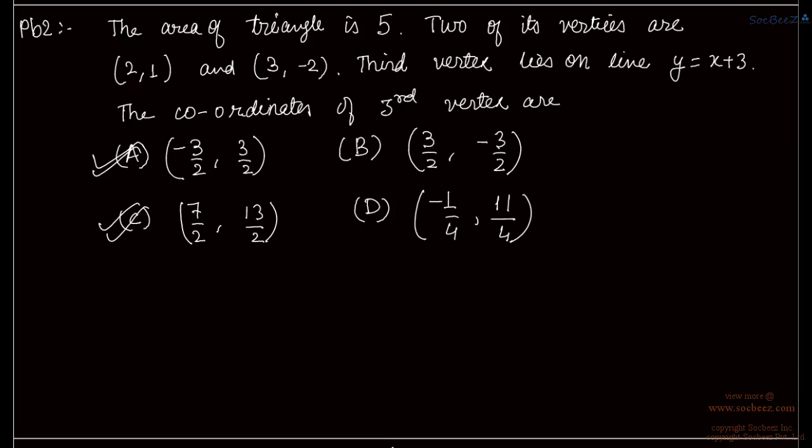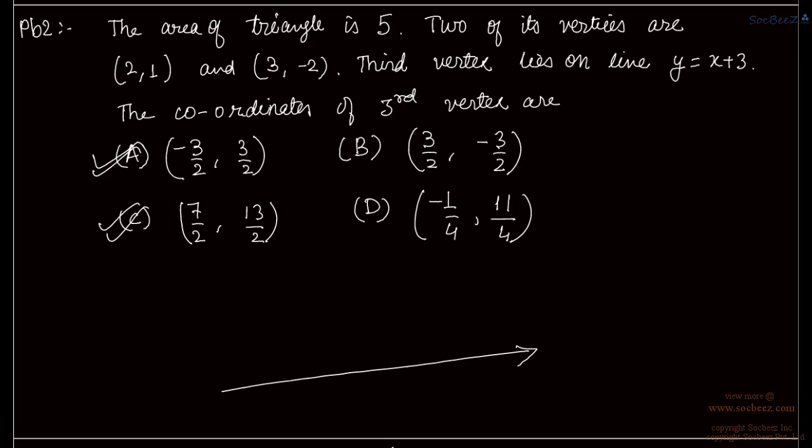So we can have these 2 points. So the area of the triangle with vertices 2, 1, 3, minus 2, and point A or point C, which lies on this straight line y is equal to x plus 3, is 5. So we can have these 2 points, minus 3 by 2, 3 by 2, as well as 7 by 2, 13 by 2, which lie on the line y is equal to x plus 3.